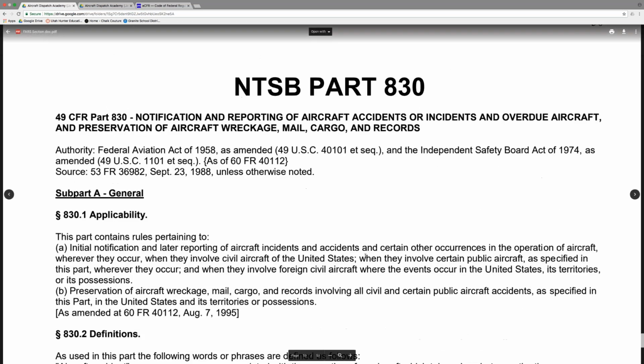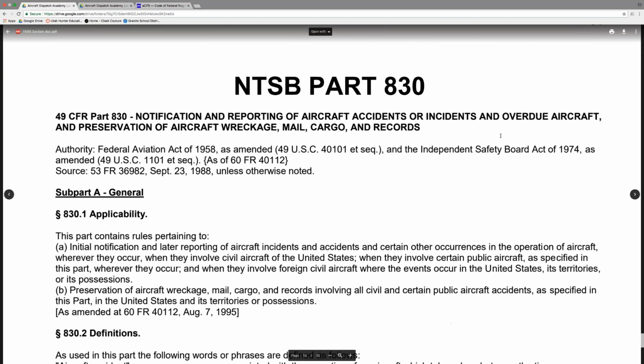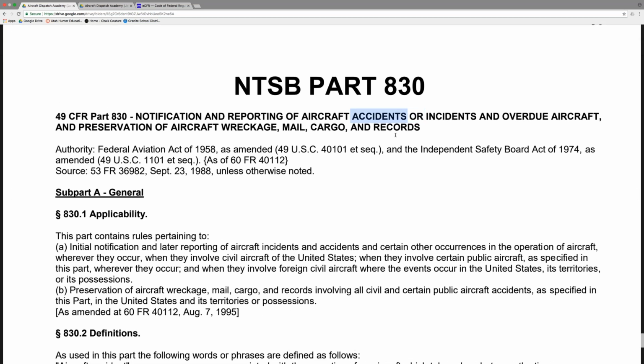This is what's going to define what an accident is. What qualifies an accident? Does an accident mean that we had a controlled flight into terrain and it was a complete loss of the aircraft? I don't know, we'll find out.